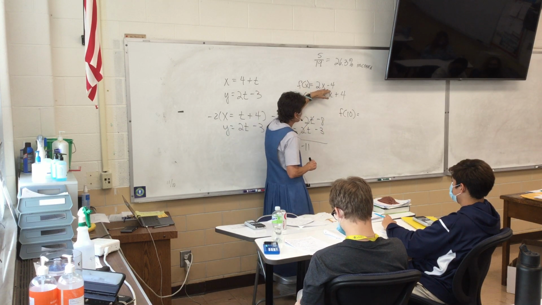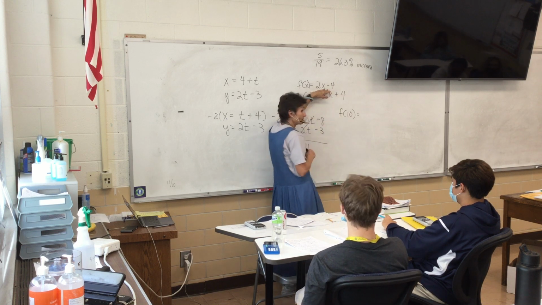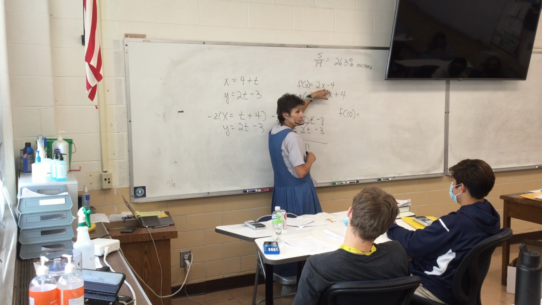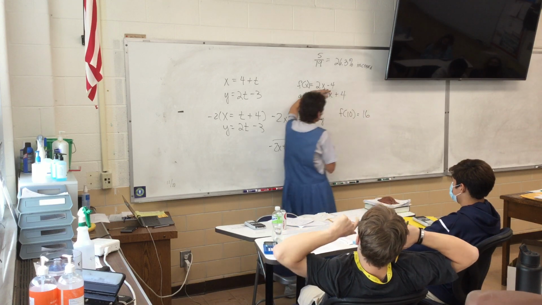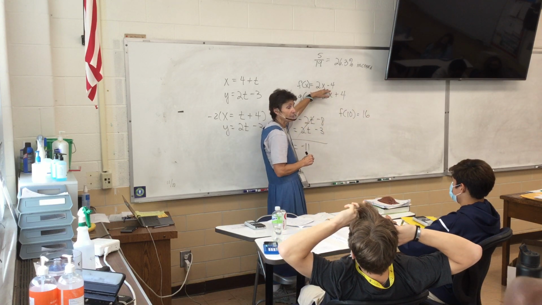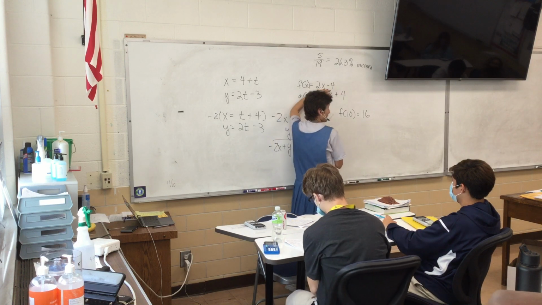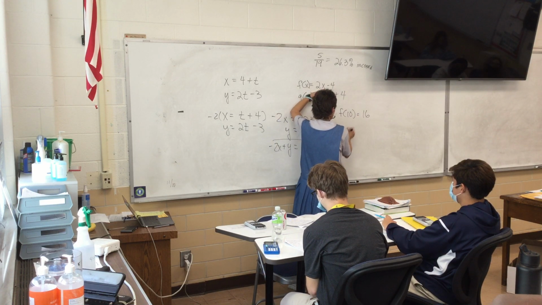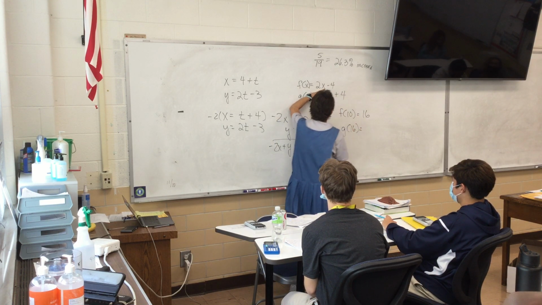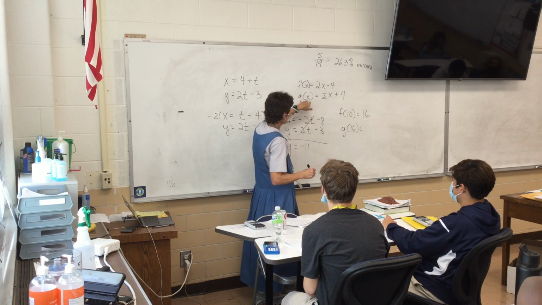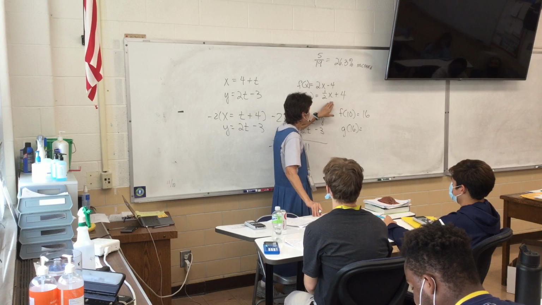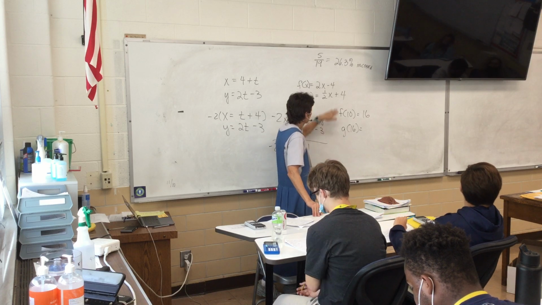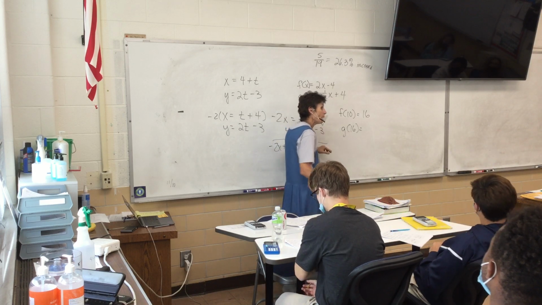So what would f of 10 be? If I plugged in 10, what would that give me? 16? Wouldn't that give me 16? Now, I'm going to take that 16 and put it into G. What does that give me? With 16 here, what do you get? 12.